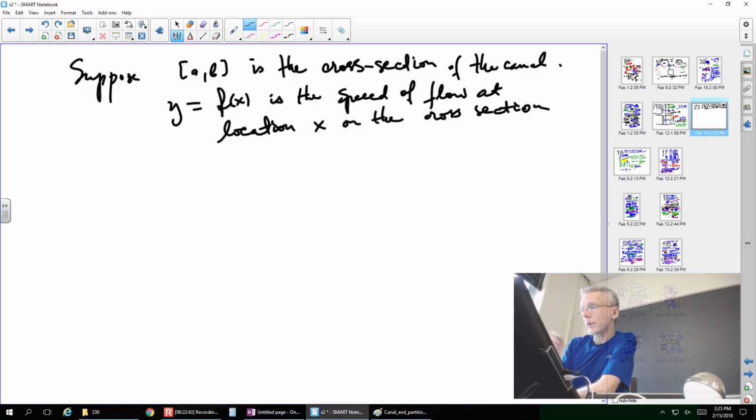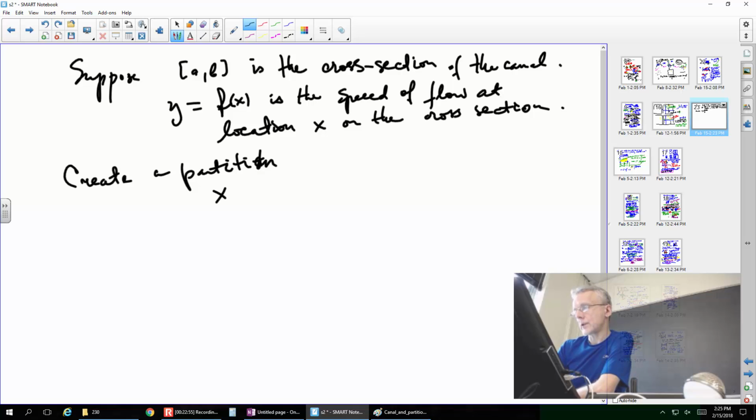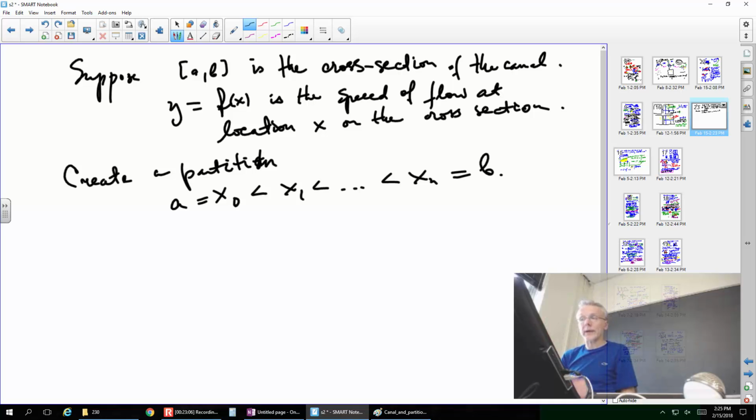Okay, so then we proceed to create a partition of this interval. Like this, x naught is just as always, repeating the same thing. So that is a partition, into our gates if you like, and then we also sample f.